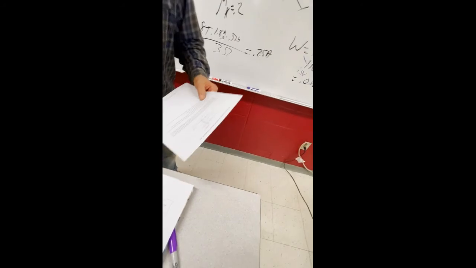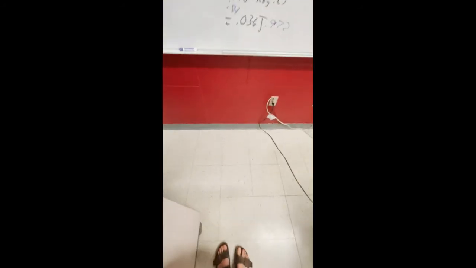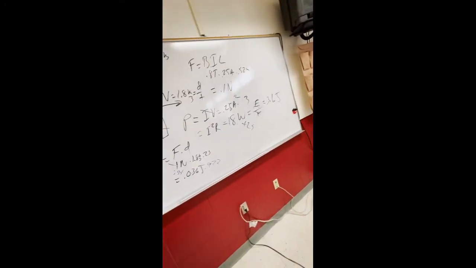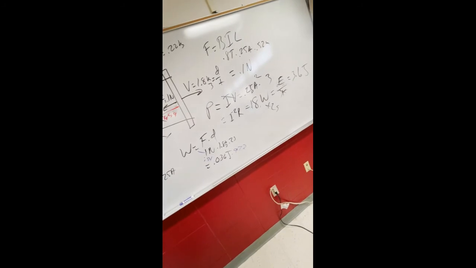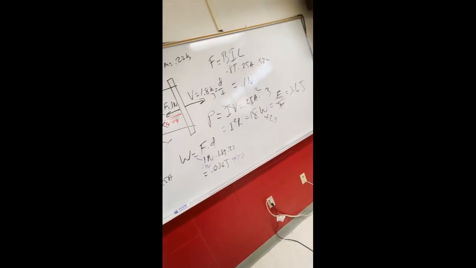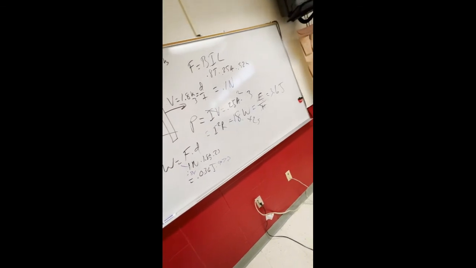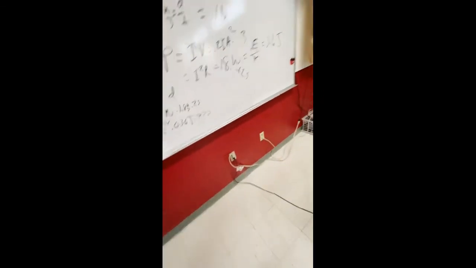Okay, calculate the energy dissipated in the resistor. That's C. Energy is PT, and they use I squared R. They got 0.36 joules. We got the decimal in the wrong place. Oh, you're right, sorry. That's because we did it in our head.